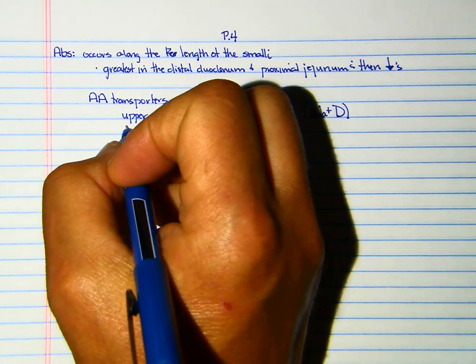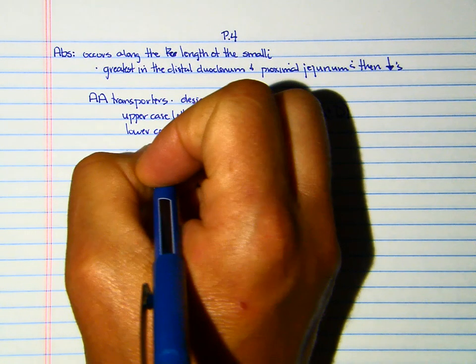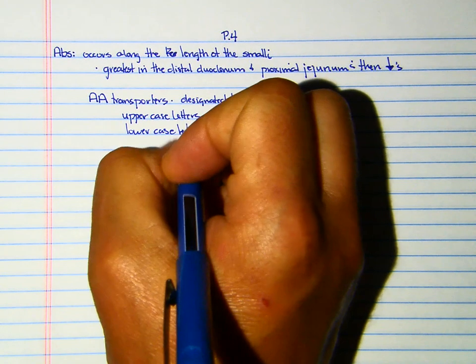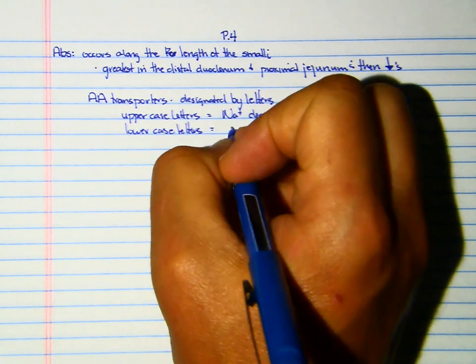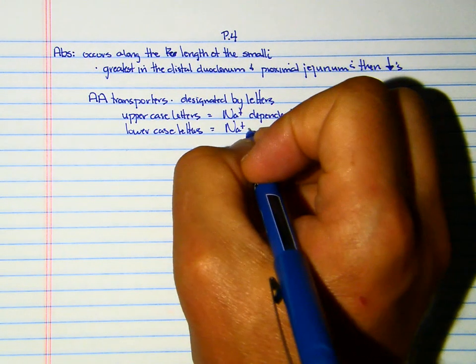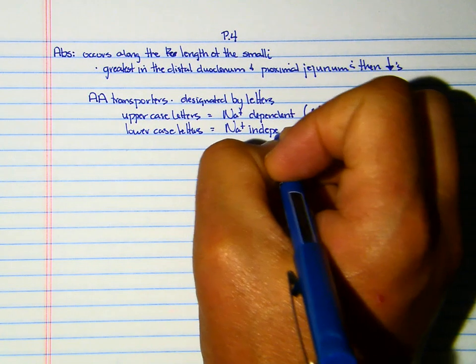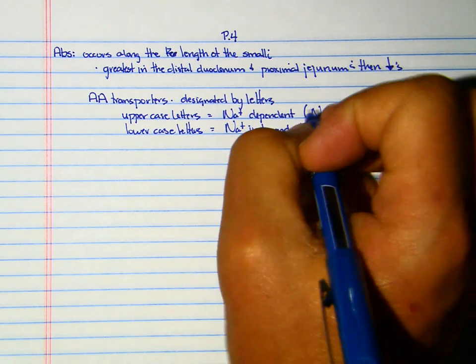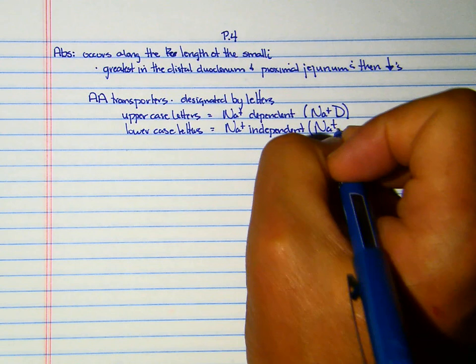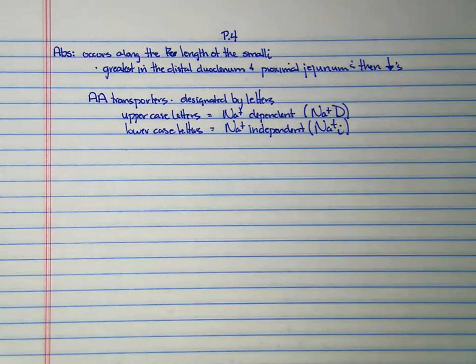And then we have lowercase letters. As you may have guessed, lowercase letters are sodium independent, and we will have them be Na+i. Sodium independent and sodium dependent.